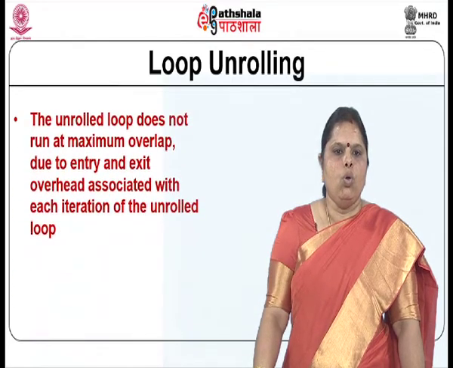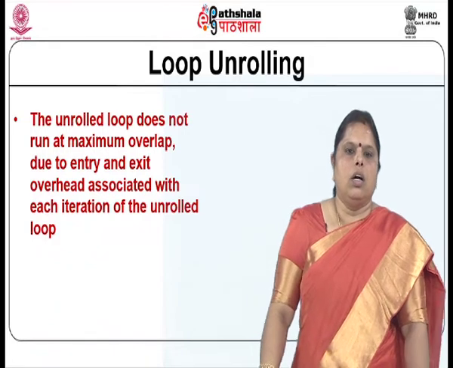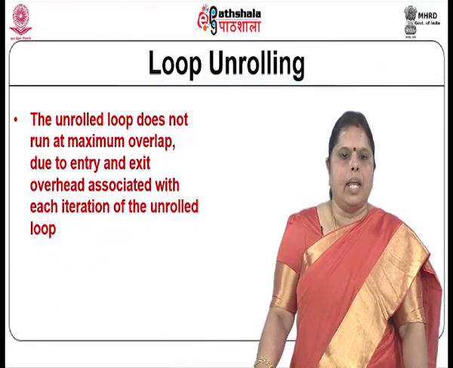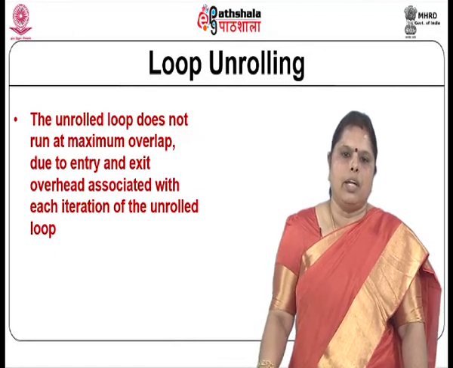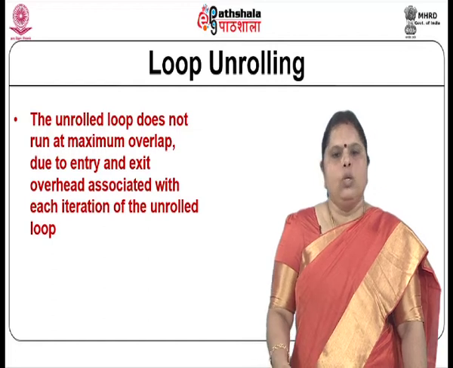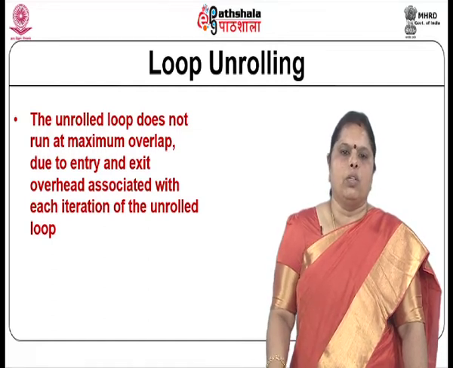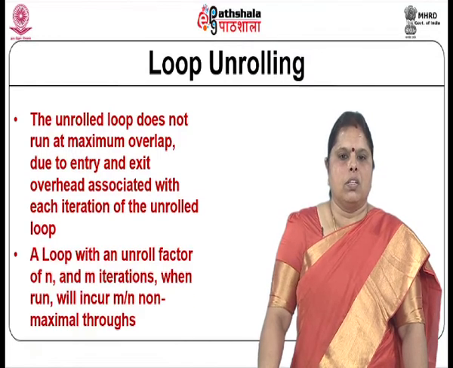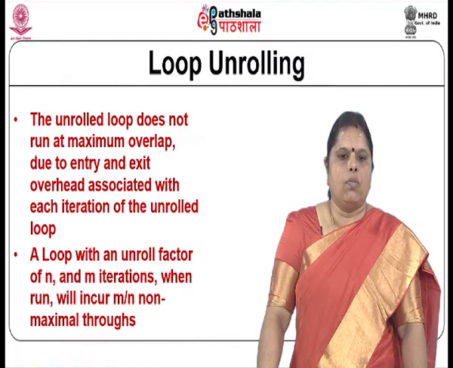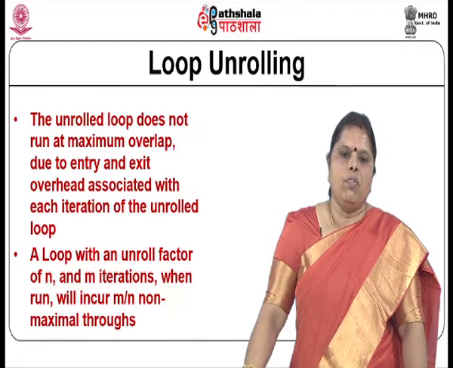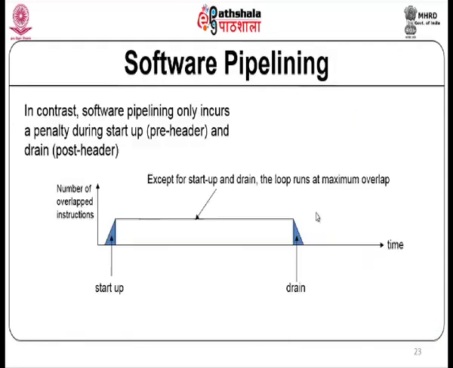The unrolled loop does not run at maximum overlap due to the entry and exit overhead associated with each iteration, because every time you enter an iteration, you will have the loop maintenance code, which brings down the number of overlapped instructions. A loop with an unroll factor of n and m iterations will incur m by n non-maximal troughs.